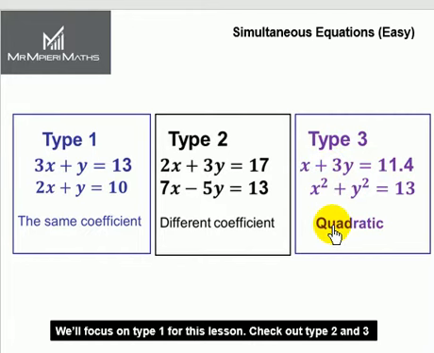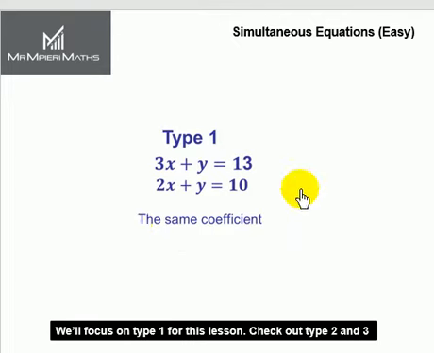So right now in this particular slide, let's have a look at type 1, the one with the same coefficients. Here we have 3x plus y equals 13 and 2x plus y equals 10. Because the y are the same, we need to get rid of y.